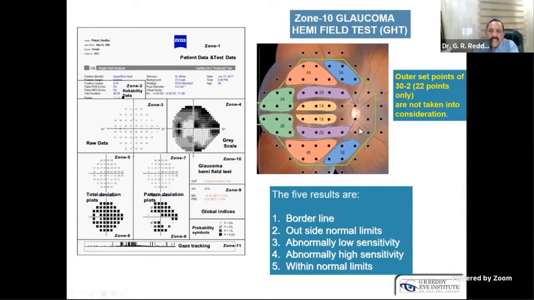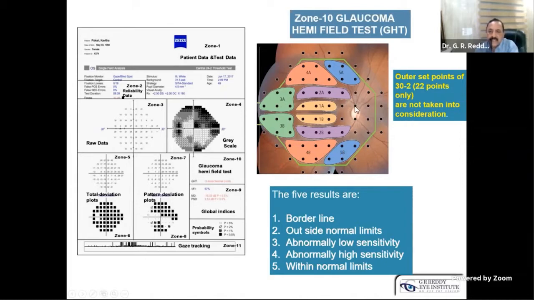The only indication for 30-2, I will tell you, is in OCT: if the nerve fiber layer thinning is going straight towards the periphery, not taking a curve towards the fovea or macula, then you should ask for 30-2.